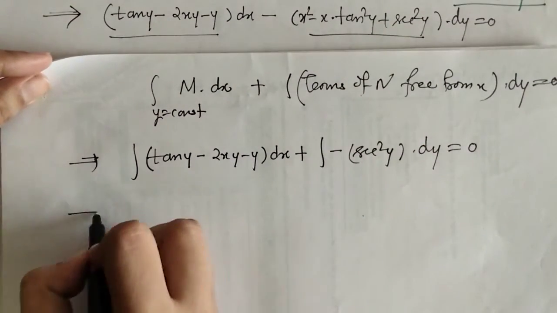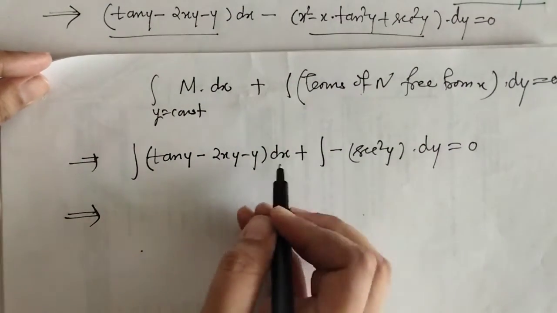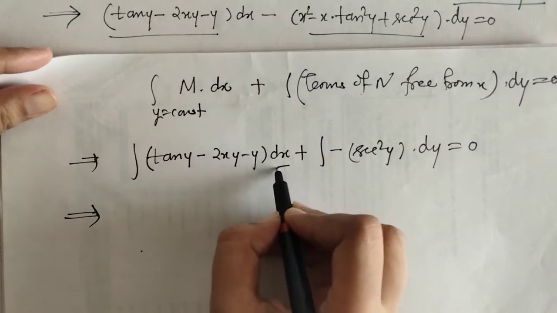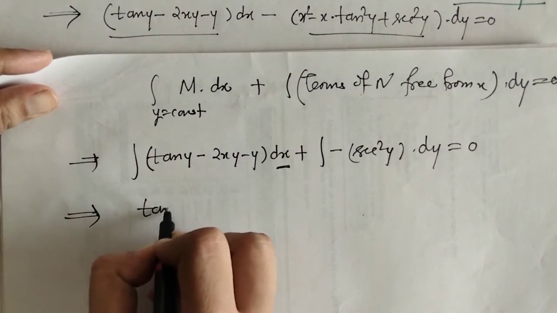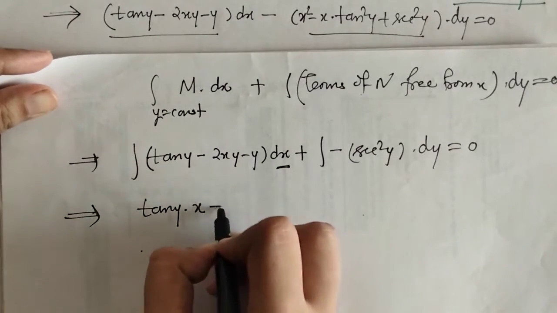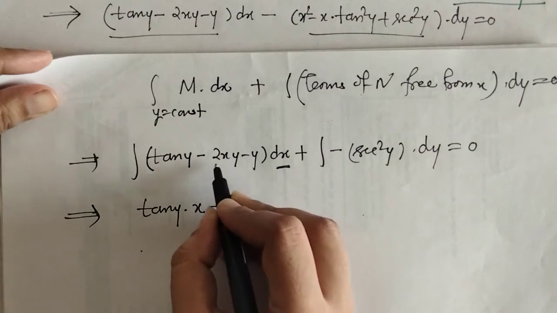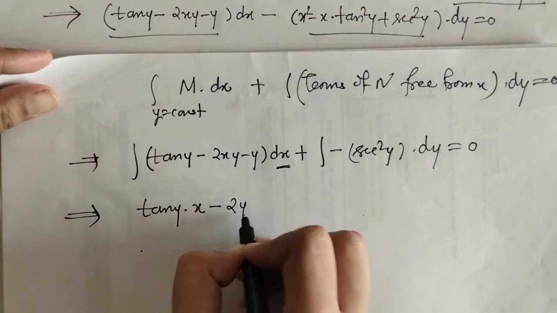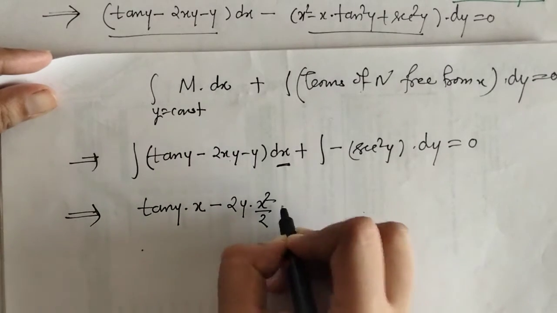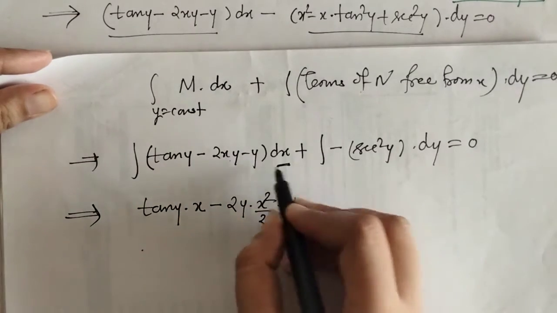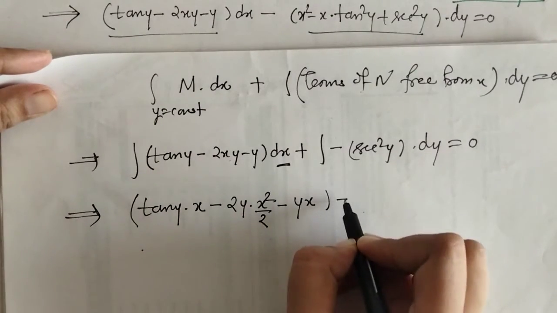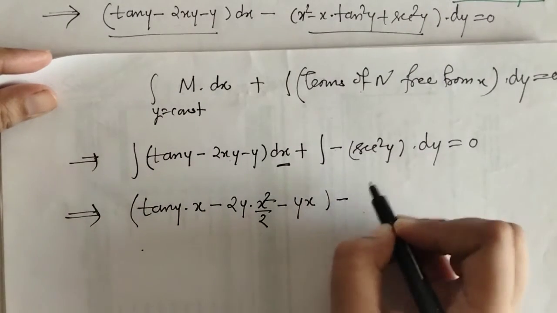Now we have to find this integral, this integration with respect to x. So tan y is a constant, so we have x here minus 2y, this is constant, x integration is x square by 2, and this y is constant, and this is x here.